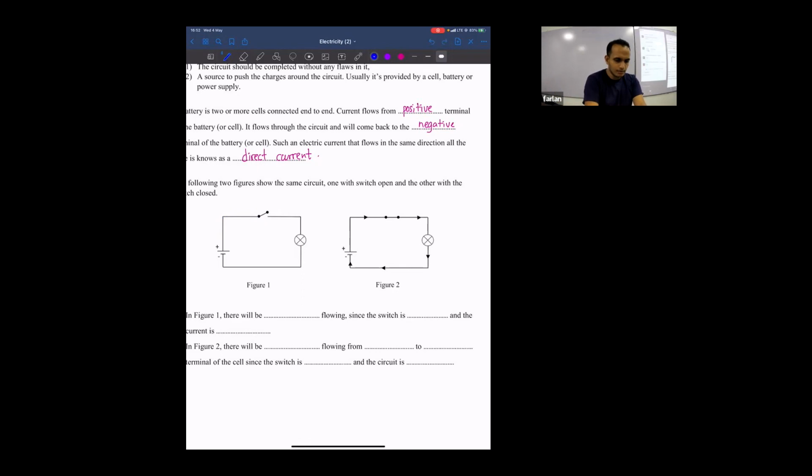So since the circuit is incomplete, there won't be a current flowing in that. Understood? Chemical energy is converted to electrical. There won't be continuation of current.